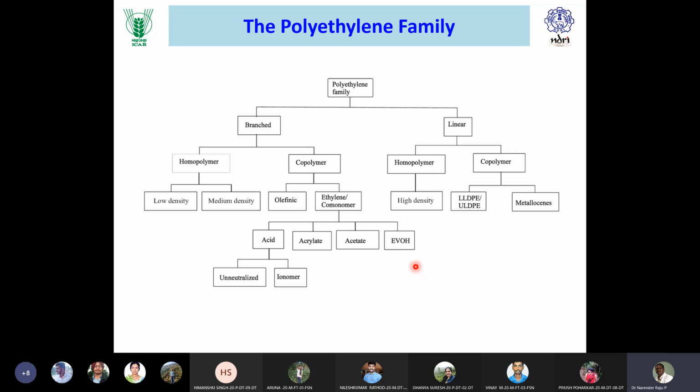And hence, for all these reasons, EVOH is used as an intermediate layer in multi-layered materials rather than as a single layer. According to the FSSAI regulations also, EVOH is not permitted for direct food contact applications and as a single layer. So EVOH doesn't have any recycle code also.